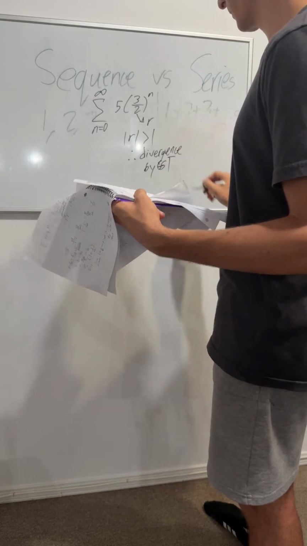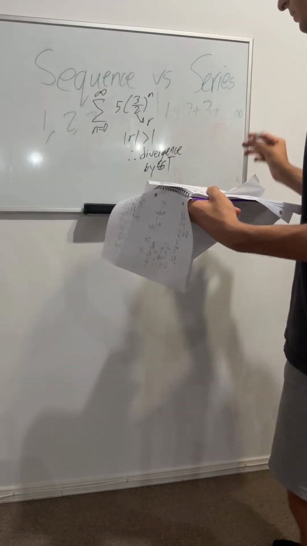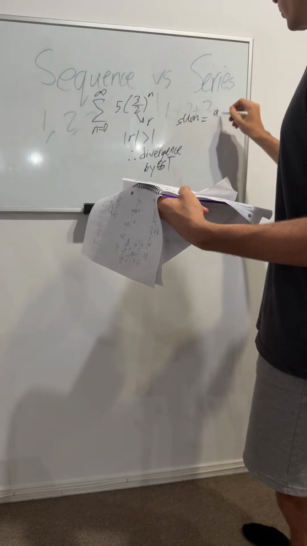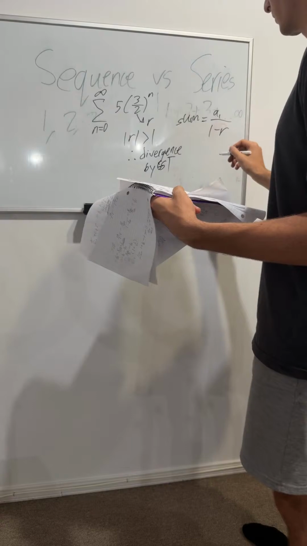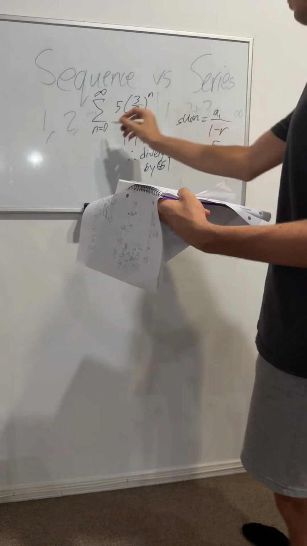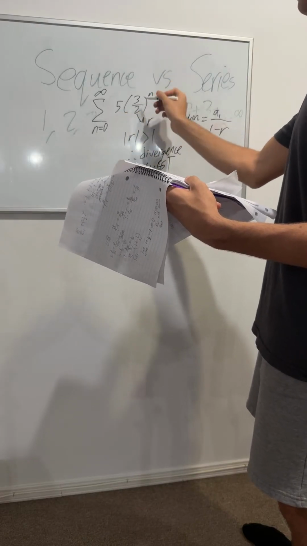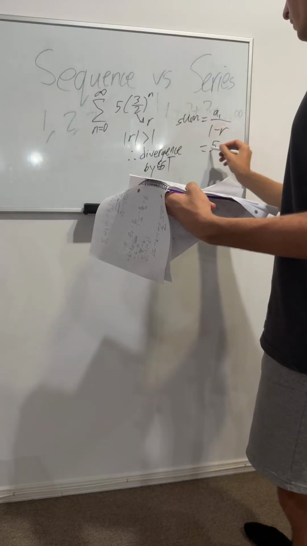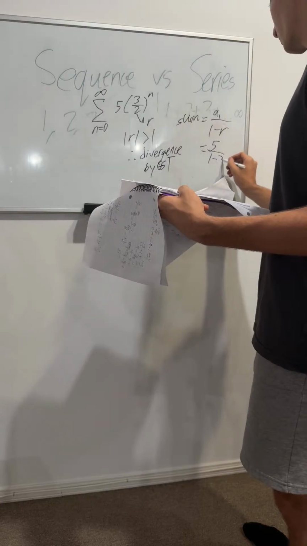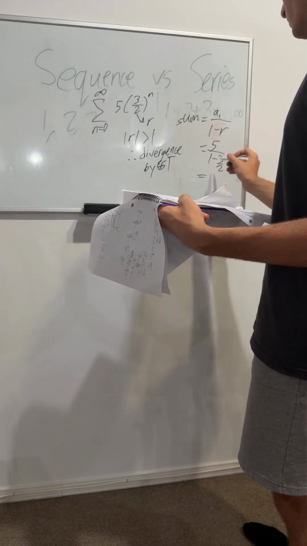Next, we're told to find the sum. What do we do with the sum? We use the formula A1 over 1 minus R. So A1 is what? A1 is 5, because here, look, it starts at 0 for the first term. So if you plug in 0, we have 1, and 1 times 5 is 5. So 5 over 1 minus R, which is 3 over 2. 1 minus 3 over 2.